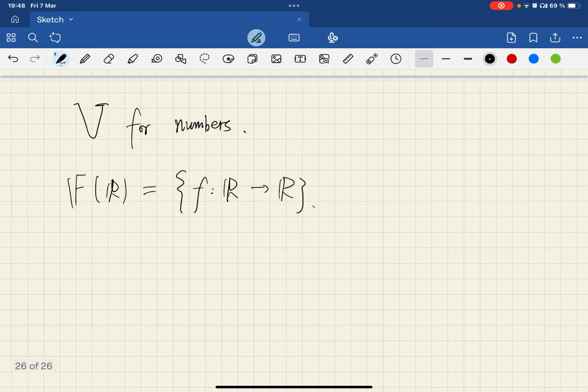You may have seen this in high school, where you may write y1 equals x, y2 equals 1. So what is y equals y1 plus y2? Oh, this is clearly x plus 1.